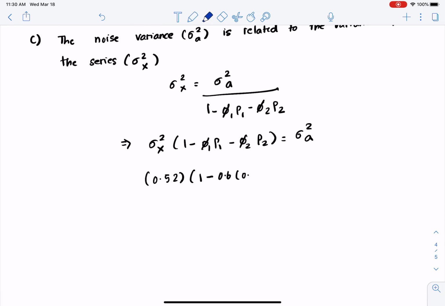So 0.6593 minus negative 0.09 times 0.4856 would equal sigma squared A, so 0.52 times all of that.